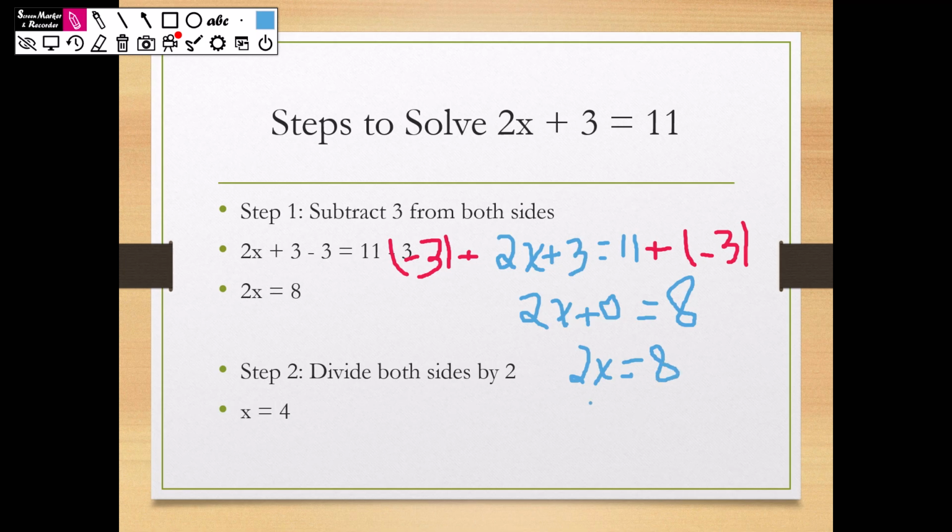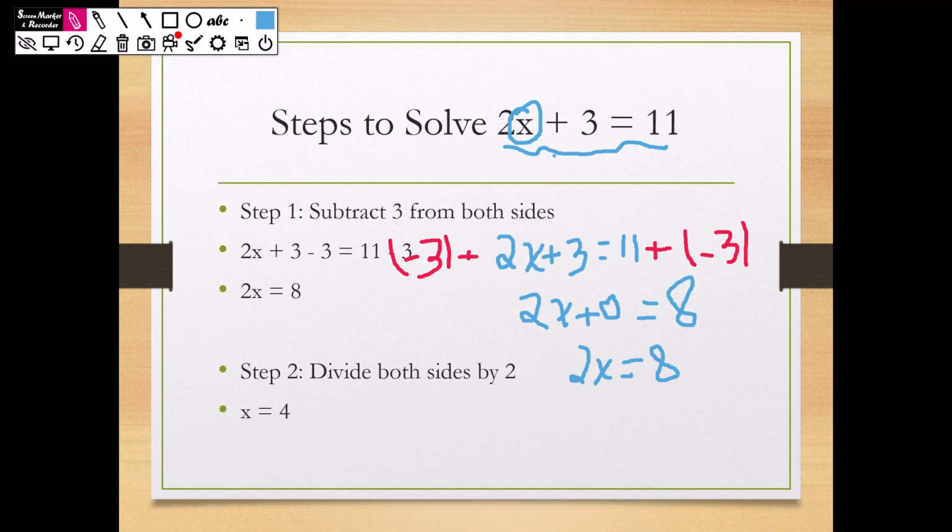Remember the goal, we want to solve this equation. We said that to solve an equation means that we should find the value of the unknown that we have in the equation.